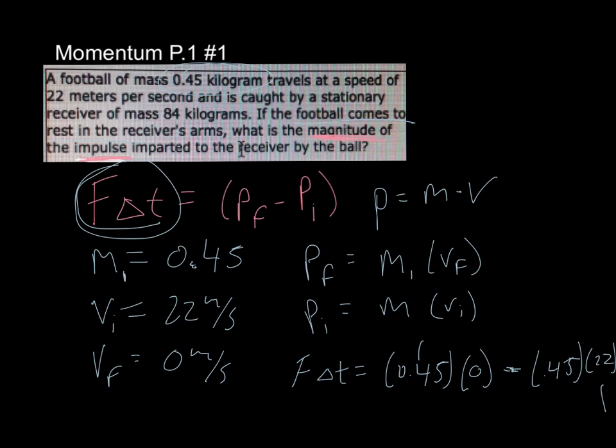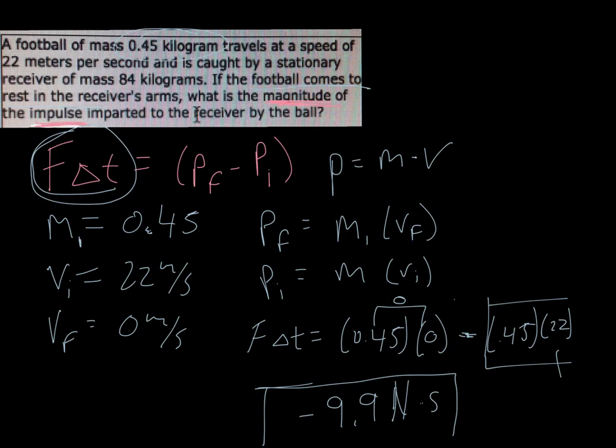Of course, we saw that this is 0, and then 0 minus this portion of it will give you a negative answer. So when you plug that into your calculator, you should get 0 minus 9.9 newton seconds. When you subtract the two, you get negative 9.9 newton seconds.